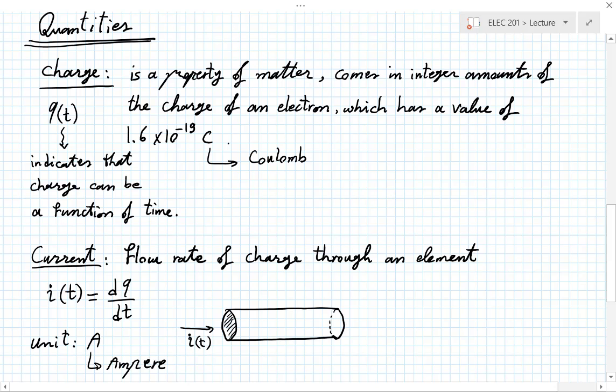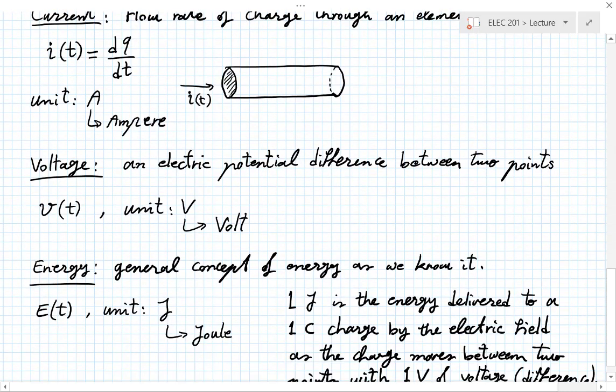Now you might say amp itself is coulomb per second, which happens to be so, but you don't need an extra second there, or a second with V just because this is a function of time. The quantity still is voltage or current or energy. It just happens to change with time, and this is what this indicates. This is not a multiplication by time, right? It's a function of time.